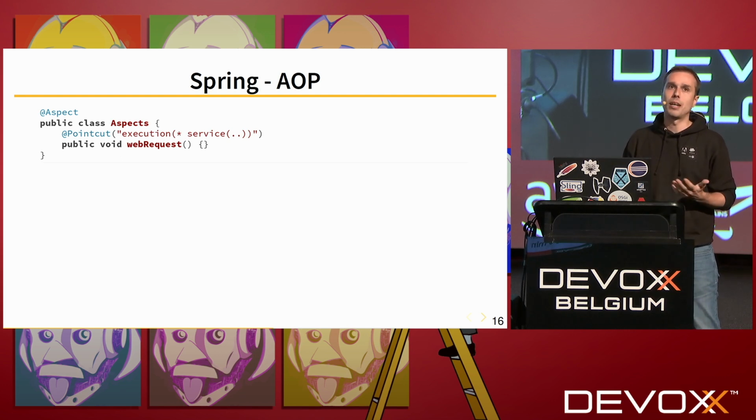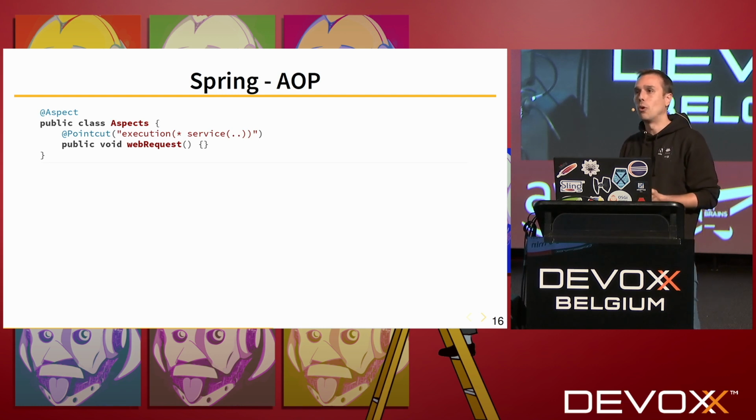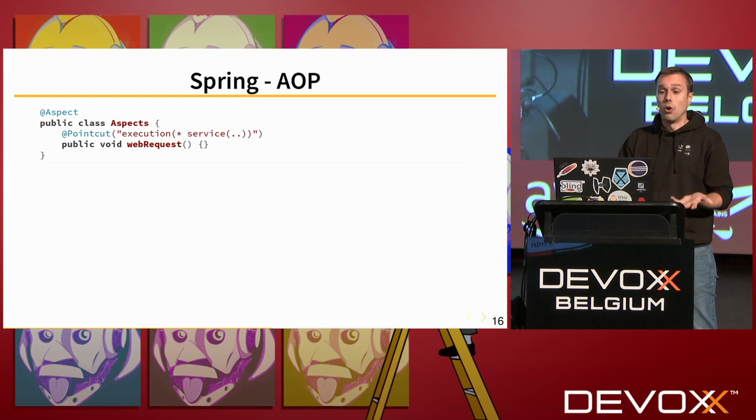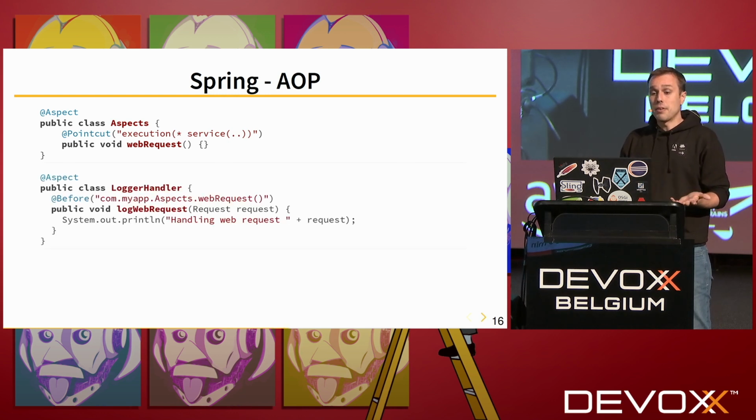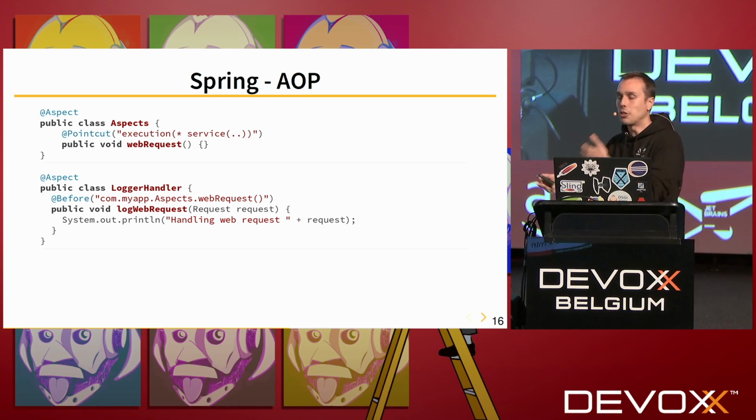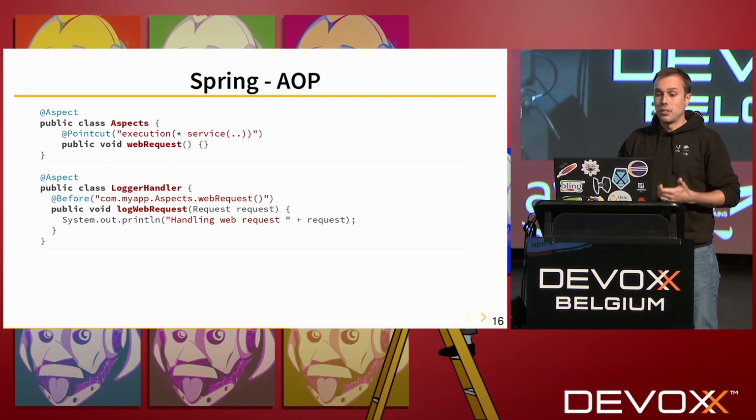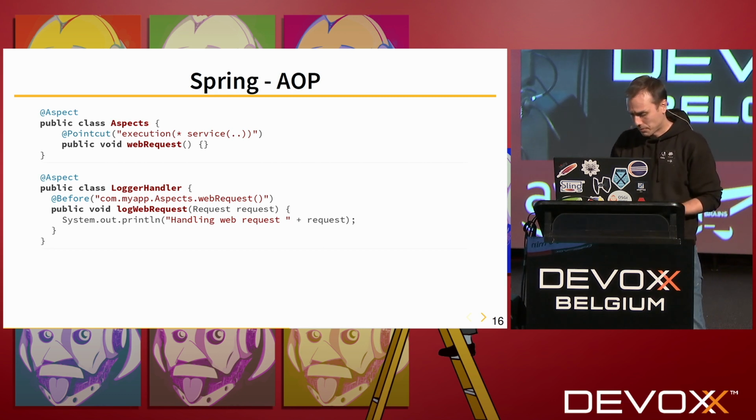First, you declare a pointcut which selects all the places in your application that you want instrumented. And in this case, we have all the executions of the service calls. And then you have the advice, the actual advice, so the change that you want to apply. And you can say, okay, before every web request, so that is the pointcut defined before, have some logging.